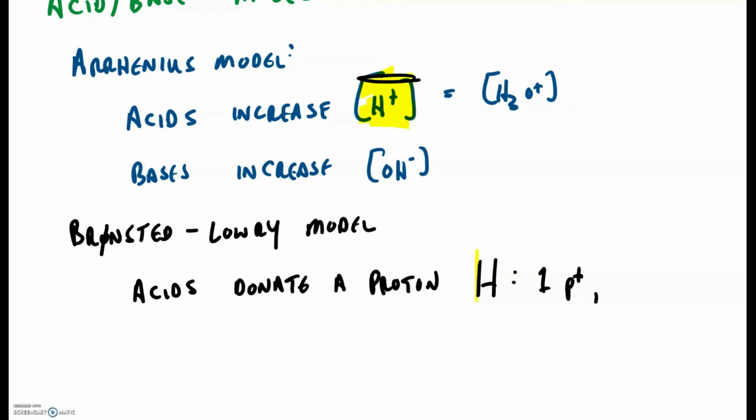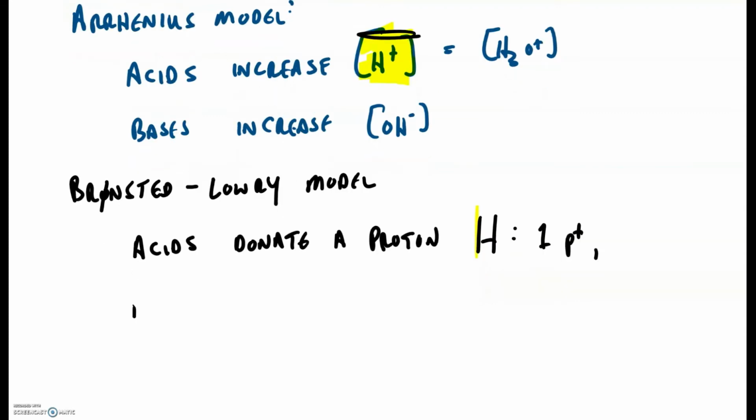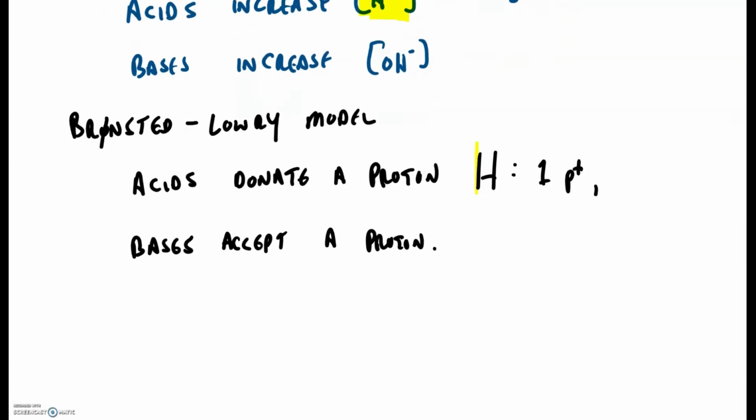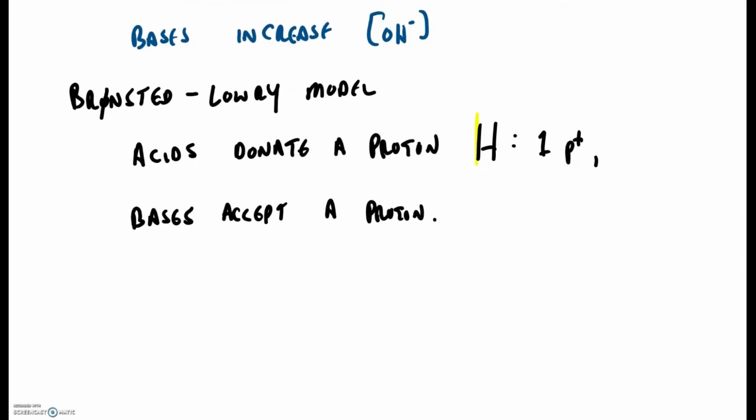The flip side of that model is what we're going to call what bases do, and that they accept a proton. In other words, if an acid donates an H plus, then a base is going to be something that accepts that proton.